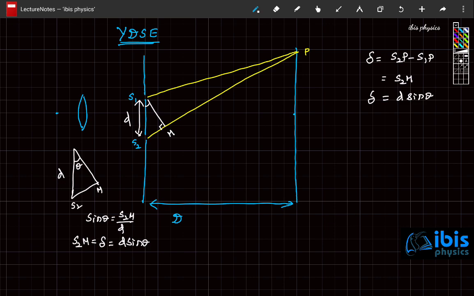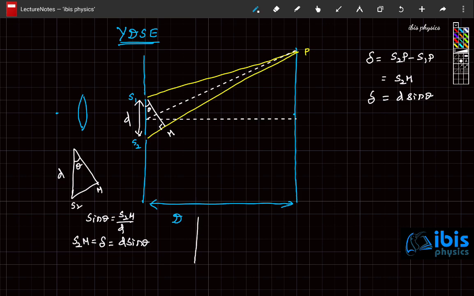What if theta is very small? When theta is very small, this is the exact distance between the mid of the sources. From the mid of the sources you draw a straight line here. This part you have a right triangle. Now I am going to draw one more line from here to this point. I'll draw this part separately up here.